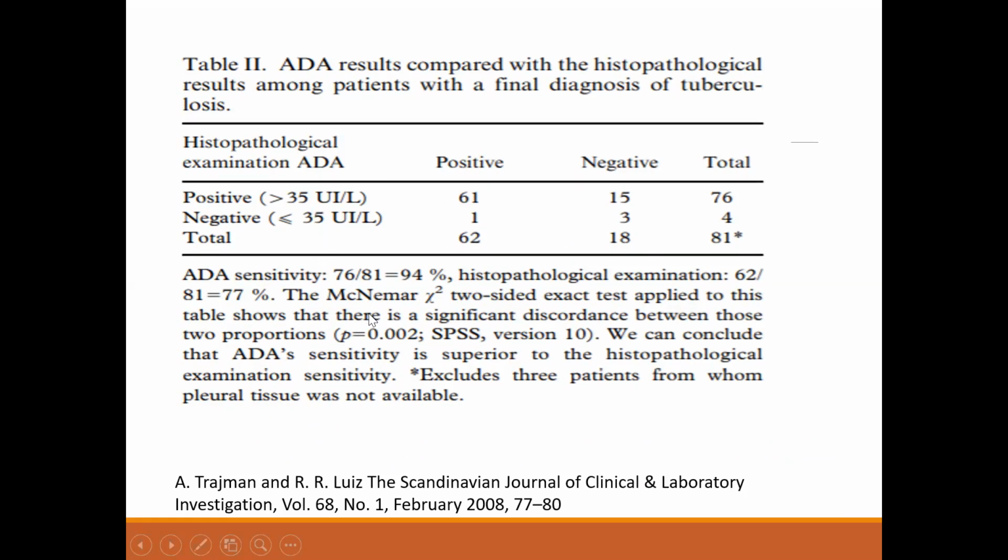They got the sensitivity of the ADA and also the sensitivity of the histopathological test. ADA had 94% sensitivity, and histopathology showed a sensitivity of 77%. Now we want to see whether this difference is statistically significant or not. So we can use McNemar's test, and it was applied. It showed that there is a significant discordance between the two proportions.